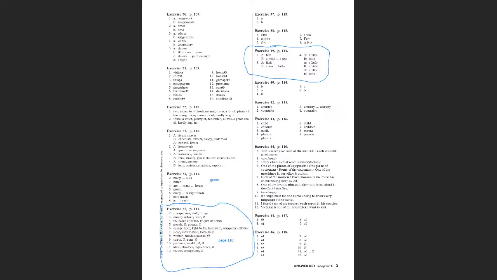Few and little. Okay, so number 2 in exercise 39: few. And then 2B will be a little and a few. So it should be, I'm having a few problems.